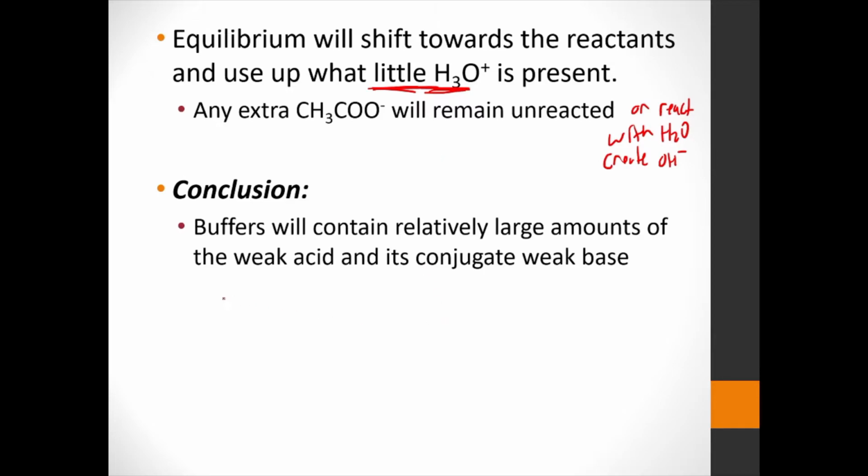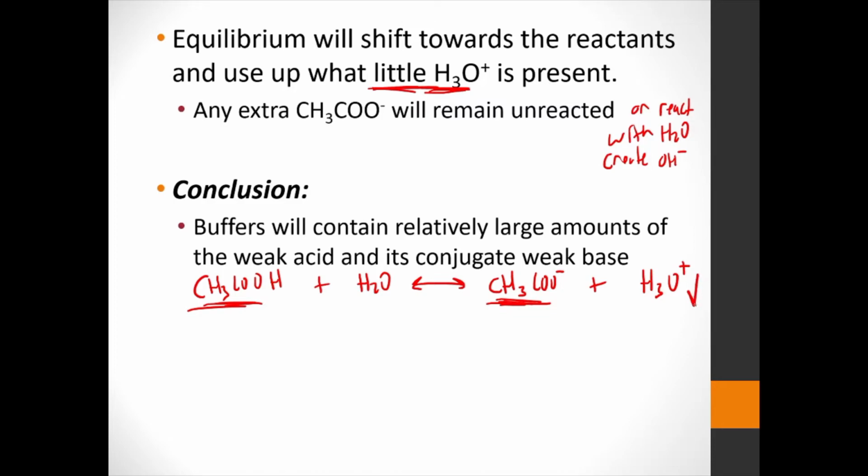Because if we were to look at that equilibrium again, if I have large amounts of this, creating CH3COO- plus H3O+, if I have a large amount of this and a large amount of this, any base I add to it will reduce this quantity, so the H3O+ will go down because the base will react with the H3O+, and then the equilibrium will shift this way.